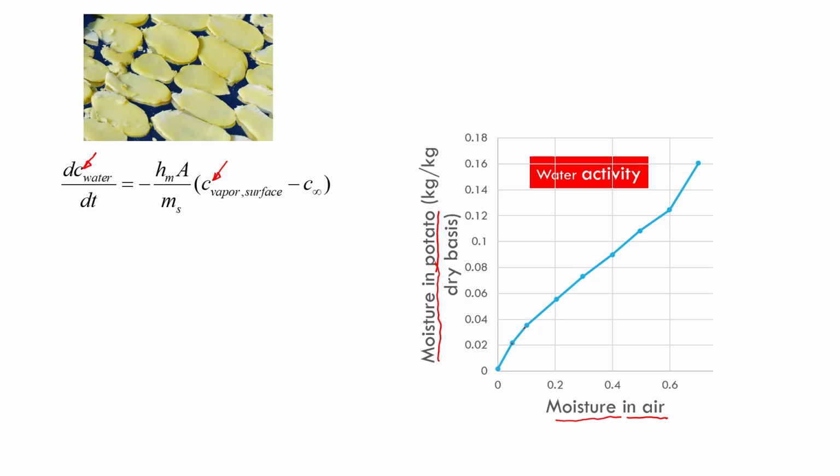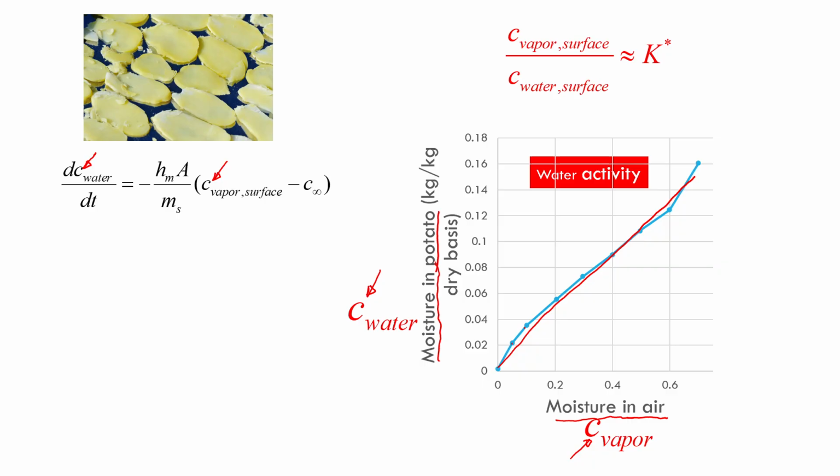to moisture in air. If I approximate it, linearize it, then I can define a quantity, K star. So this is C water, this is C vapor, this is 1, and this is K star.